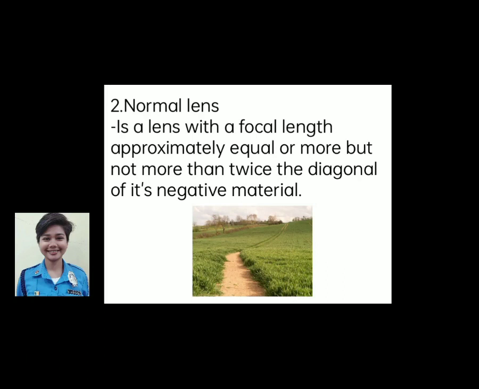This is referred to as normal because its coverage corresponds to nearly the coverage of the human eye. As mentioned, like the iris of our eye, it is like a normal lens, just our normal way of seeing. It is not wide-angle or landscape, unlike the wide lens that captures very broadly.